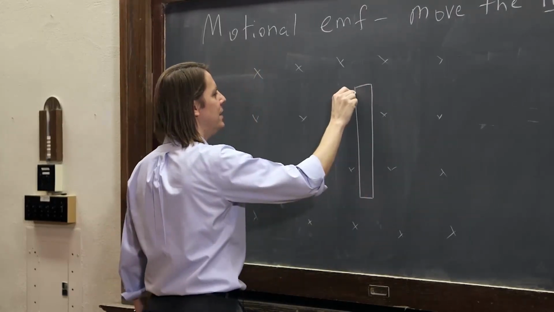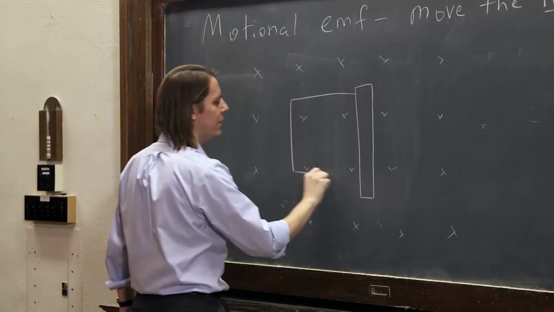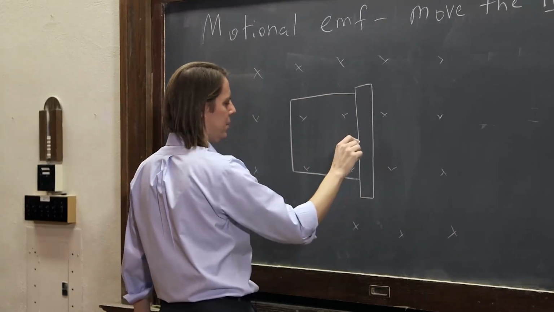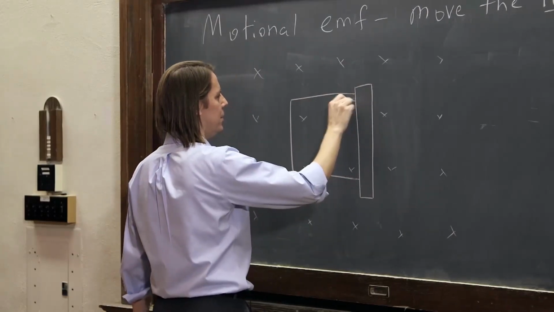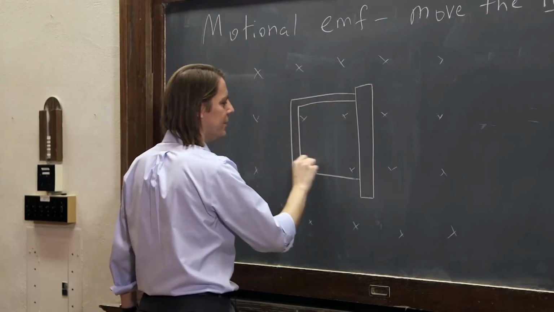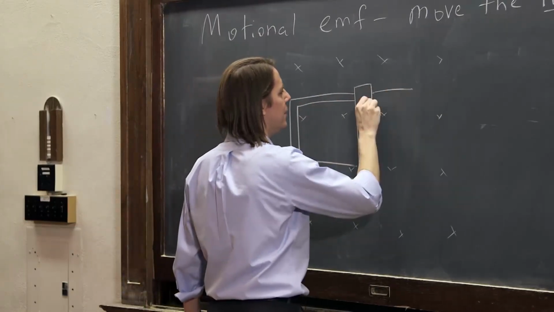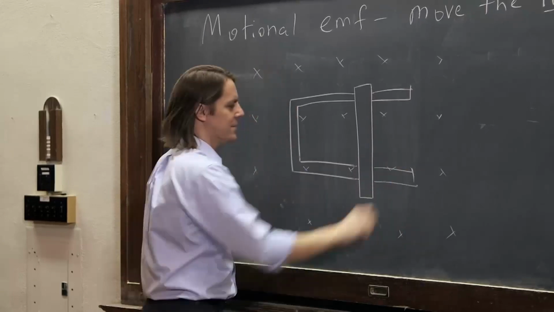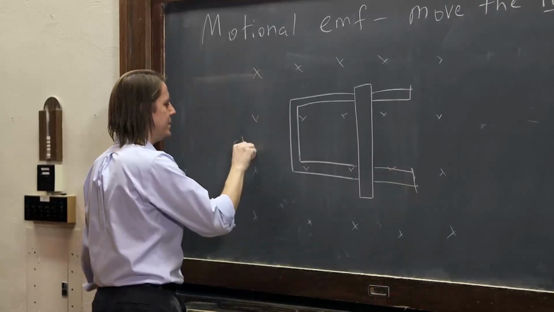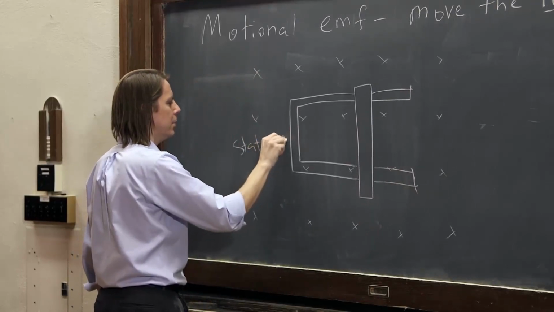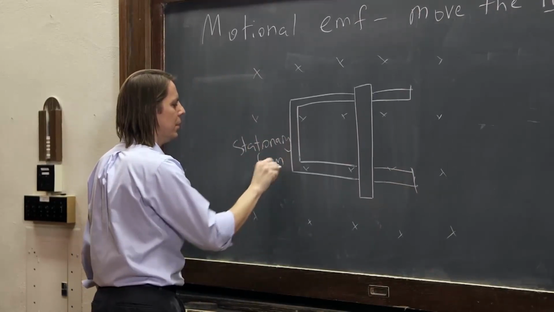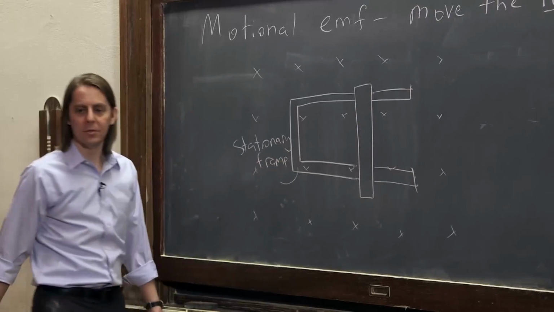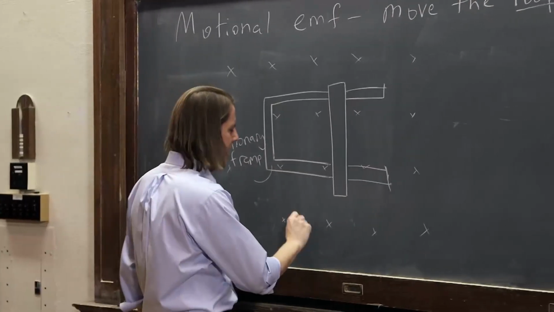And then we need it to be on kind of a frame. Like this. So this is a stationary frame, and it's metal, you know, it's a conductor. And this is a sliding bar.